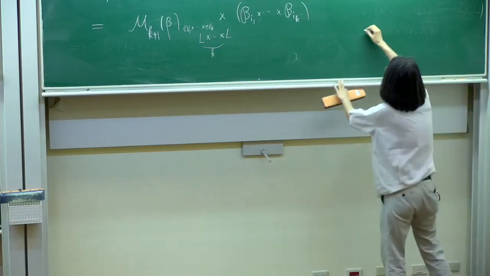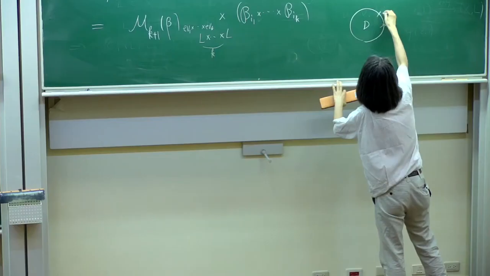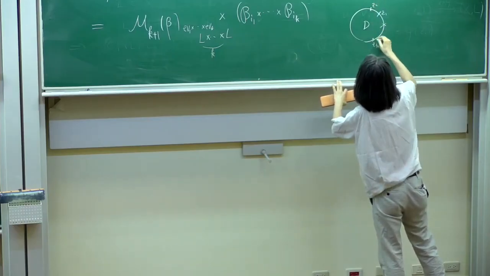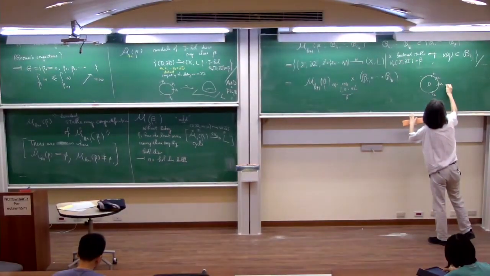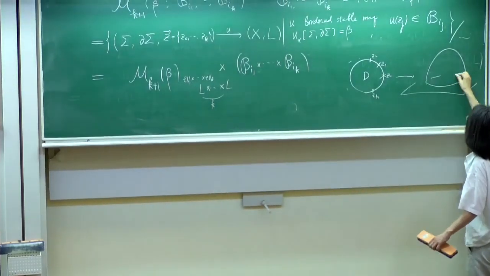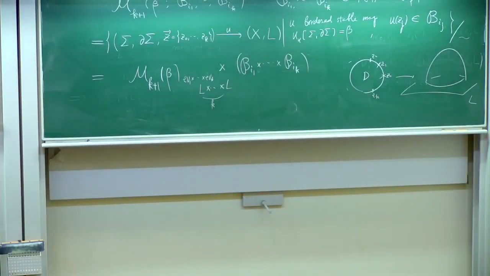So what does it mean? Here I have, say, a disk, and then I have a bunch of marked points like z_1, z_2, ..., z_k here.